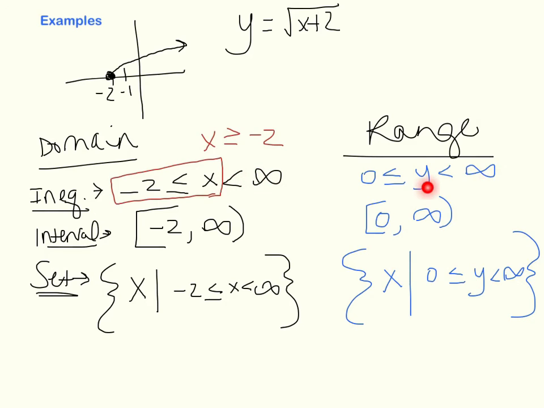You could just say all the numbers where y is greater than or equal to 0, and that includes the infinity. So you don't really have to put this part here. You'll see it both ways, so you need to know that if I write x is greater than or equal to -2, it would be the same thing as using the entire notation for inequality.